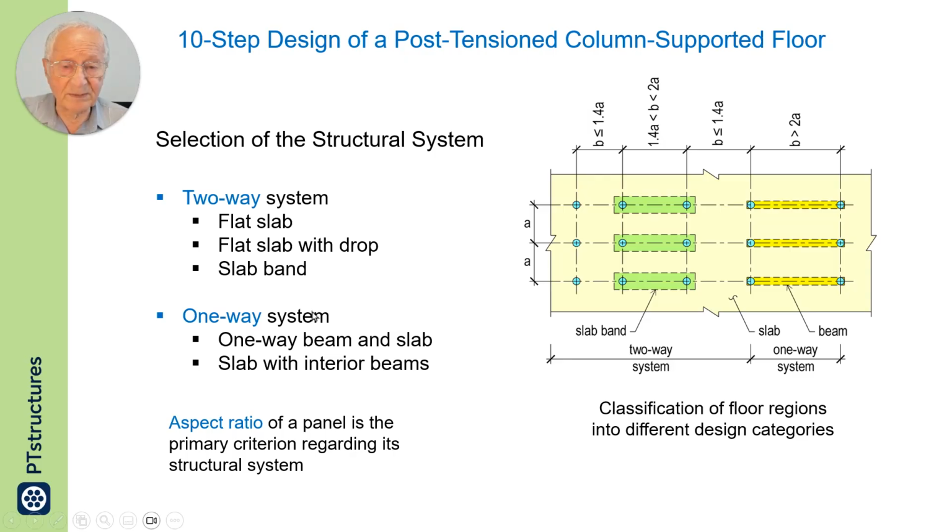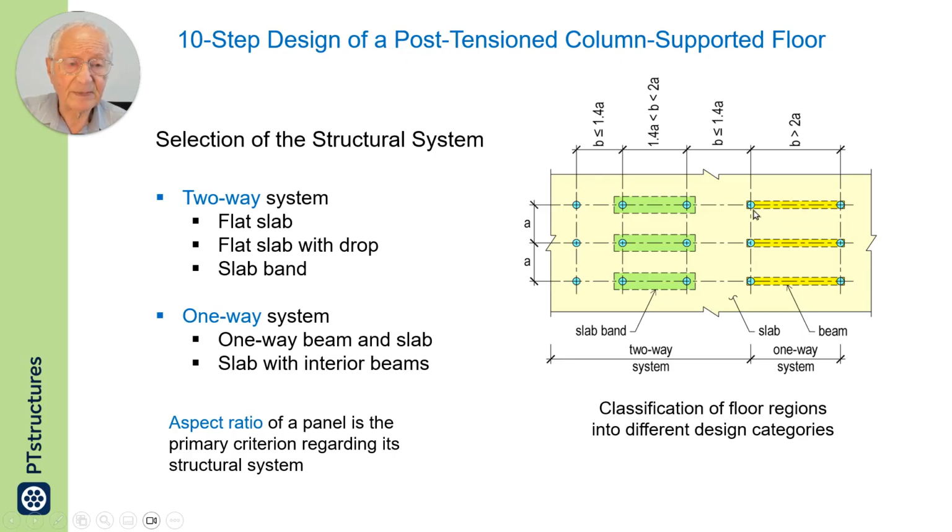In one-way system, you can have one-way slab spanning between the beams, this region here. This region of slab spanning between these beams or walls, that is regarded as a one-way system, designed in a different chapter of the code. Or you can have slab with interior beams.